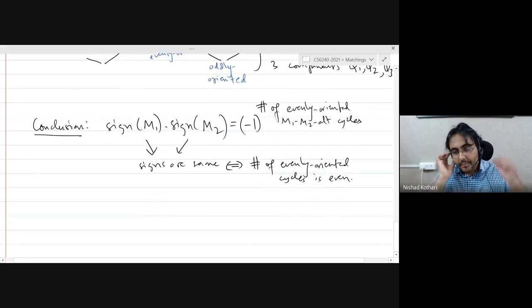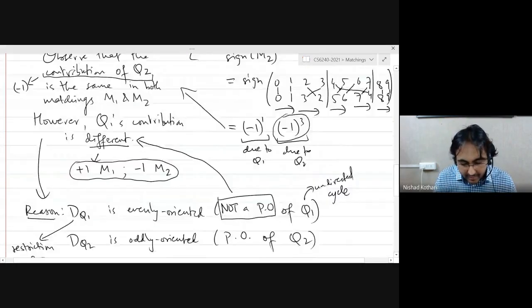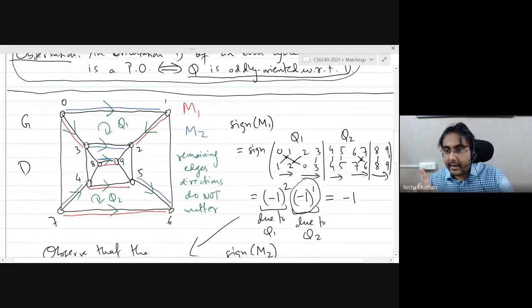Okay. So in our example, we had 1 oddly oriented cycle and 2 evenly oriented cycles.